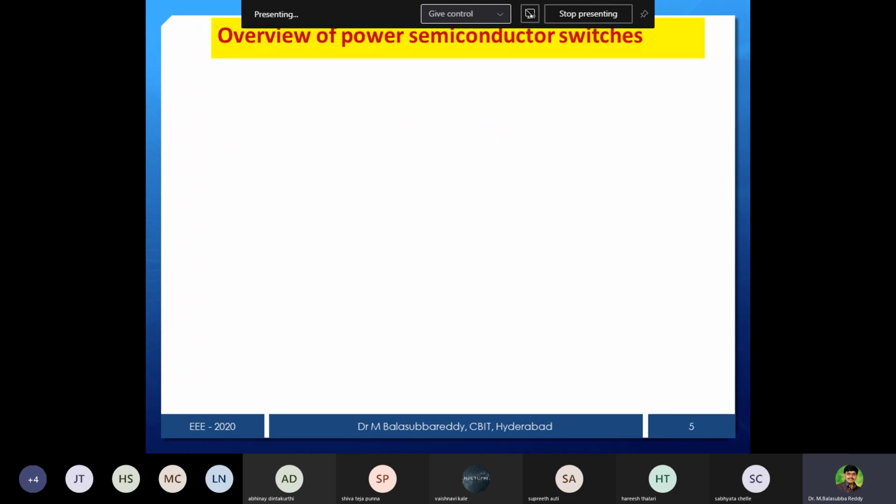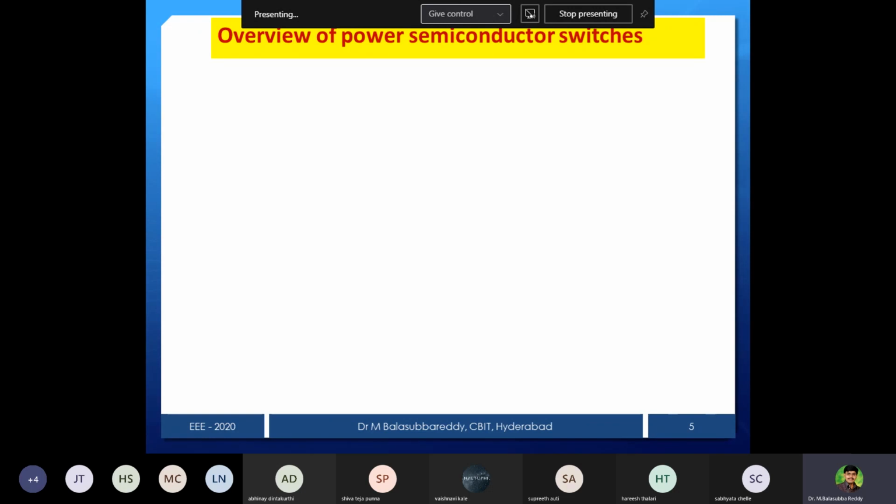Now we'll see the overview of our semiconductor switches. Whatever devices we are going to use or discuss, our purpose is to use them as a switch, not as discussed in the electronics subjects, where there may be saturation mode, active mode, cutoff mode, like that.